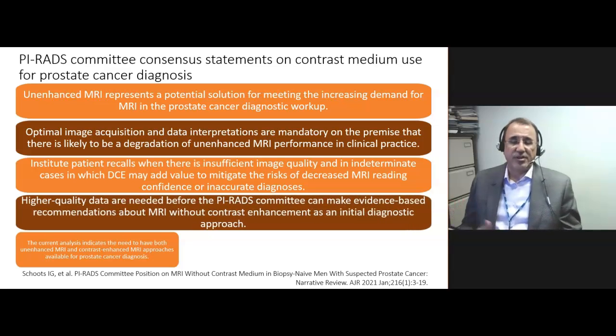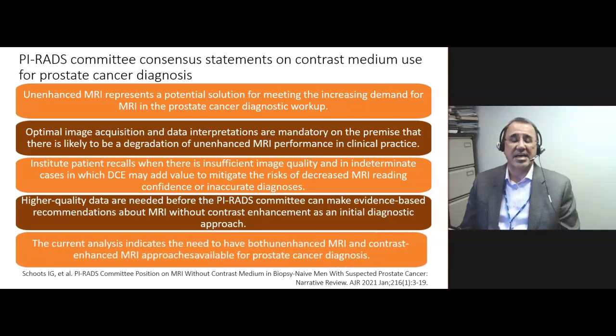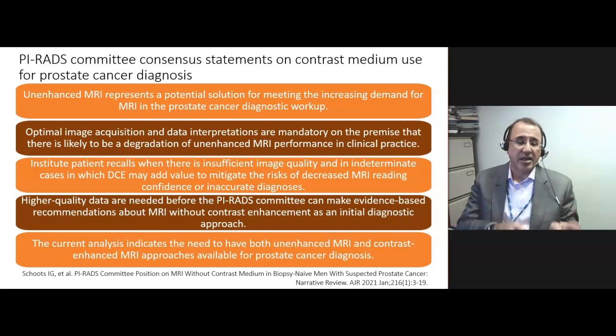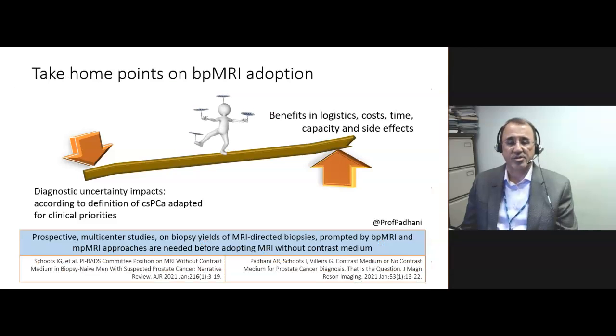The PIRADS committee feels that there needs to be higher quality data before they can make evidence-based recommendations about the use of biparametric MRI as the initial diagnostic approach, as I have just talked to you about. And the current analysis indicates the need to have both unenhanced and contrast-enhanced sequences available for prostate cancer diagnosis.